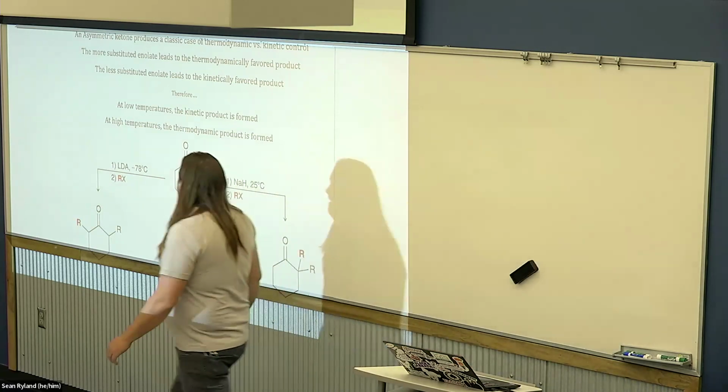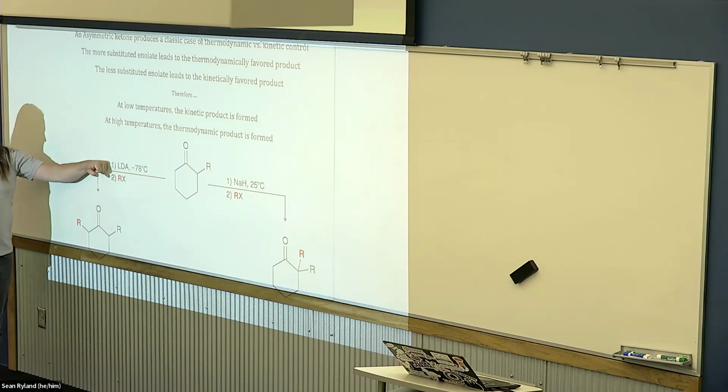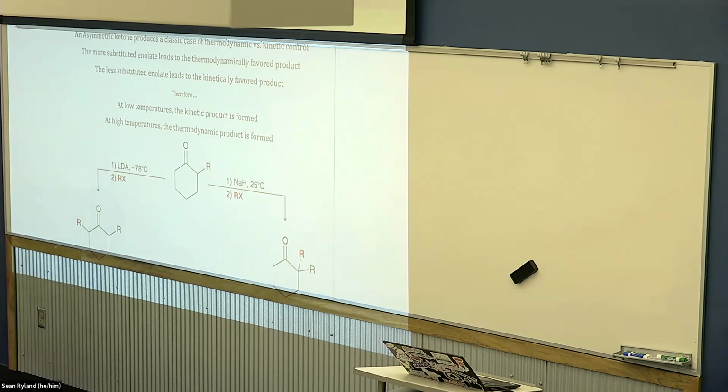We do reversible enolate formation at -78 Celsius, which doesn't seem like a particularly convenient temperature, unless you know that that's the sublimation point of dry ice. So you do an acetone bath with dry ice in it, and acetone is still a liquid at that temperature. So that's why -78 is a convenient temperature.